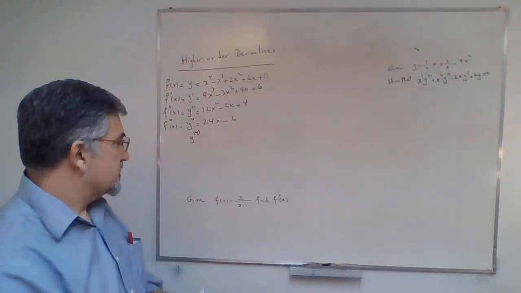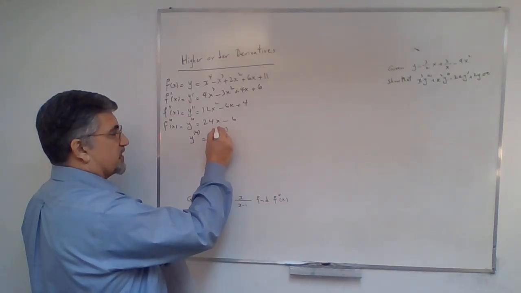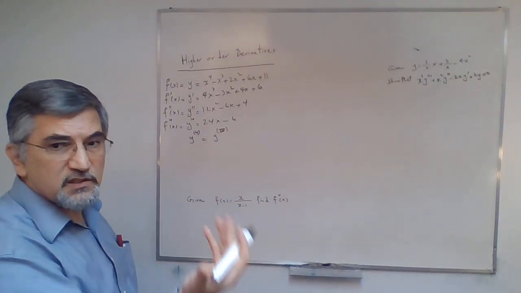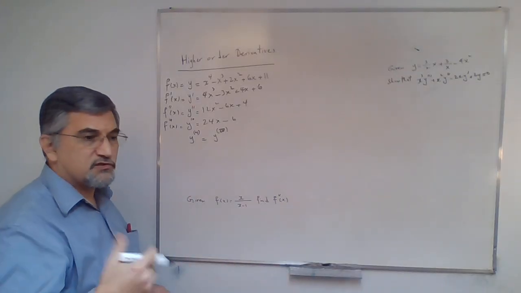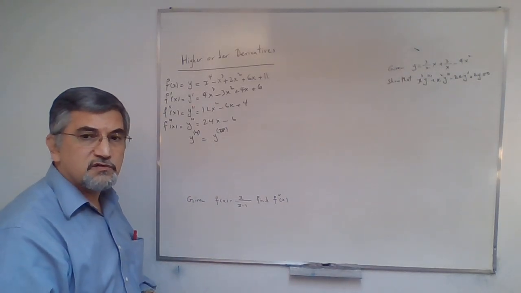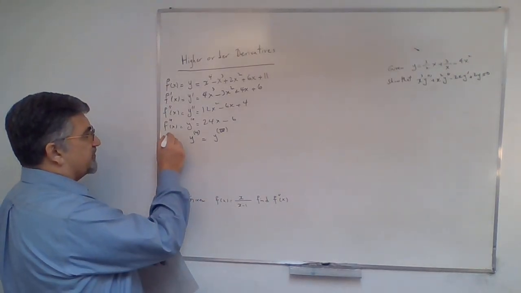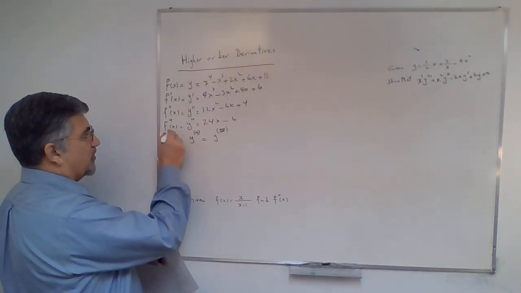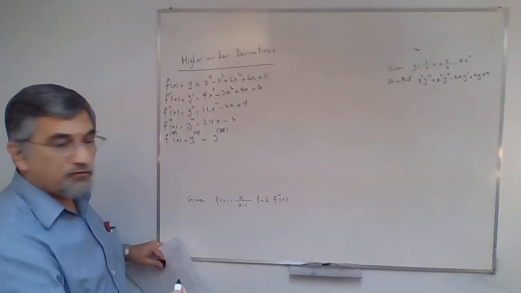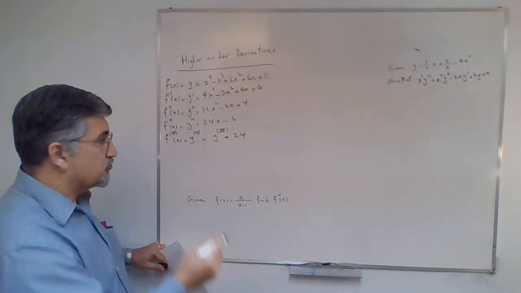And furthermore, they said it is better to use Roman numerals. So they're using Roman numerals inside the brackets so that it's crystal clear that they're talking about the fourth derivative of a function and not an exponent of 4. So here we go: f open brackets, Roman numeral 4, close brackets, of x equals, and that's the fourth derivative of the function. In this case, it's going to be 24.